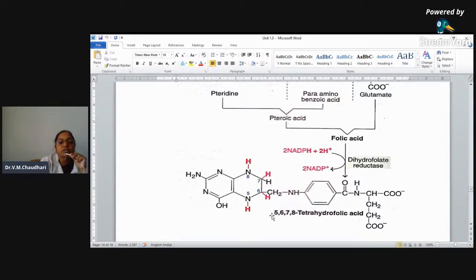See here, hydrogen joins at the fifth, sixth, seventh and eighth positions.